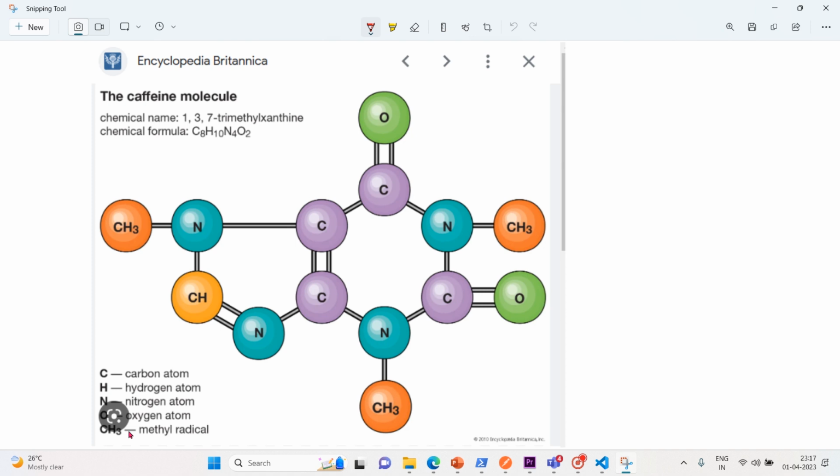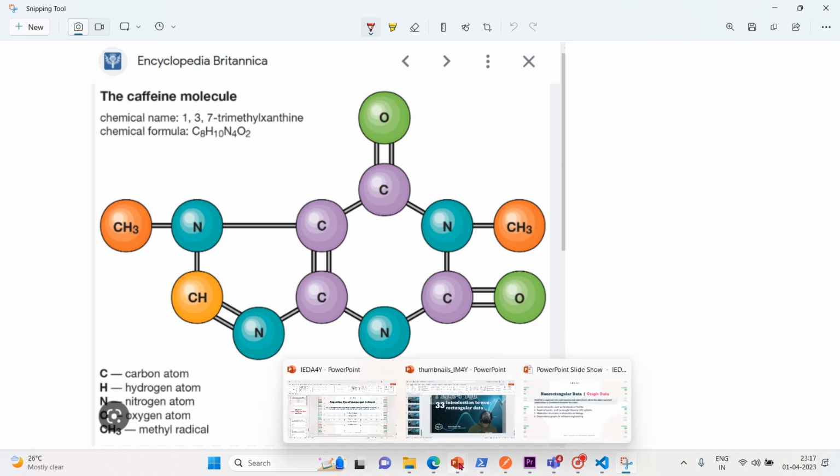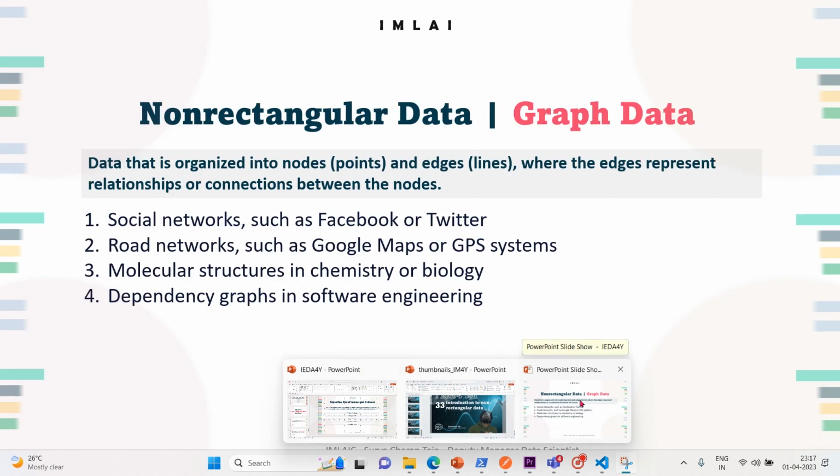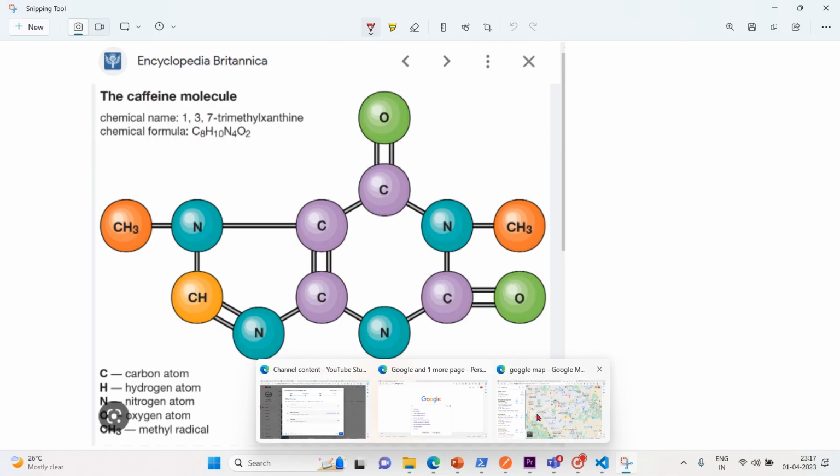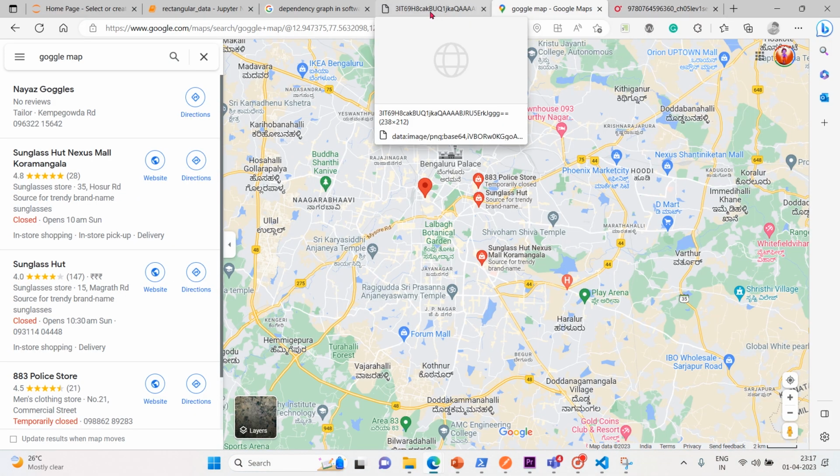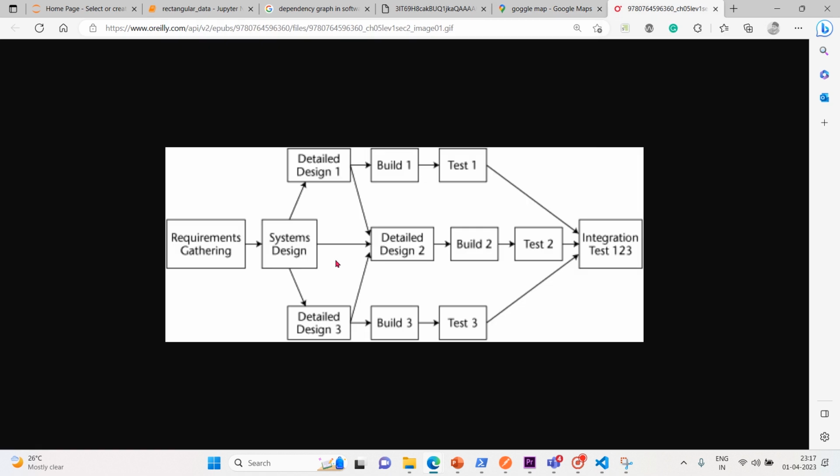We have one more example. The other one is dependency graphs in software engineering. Let me get into the dependency graphs. Yep, this is our dependency graph in software engineering. I hope many of you watching are working in the software industry, have some experience in it, or wish to enter it. Anyhow, the project always begins with requirements gathering.